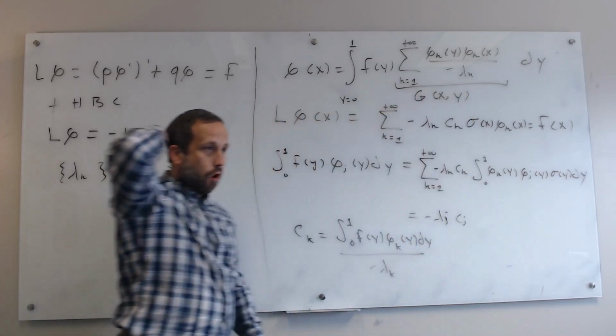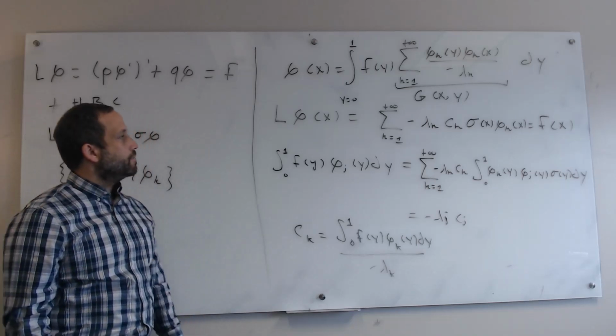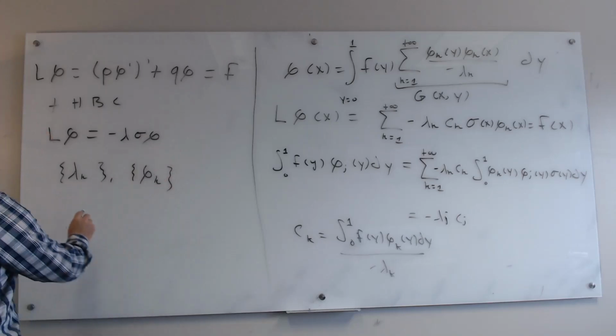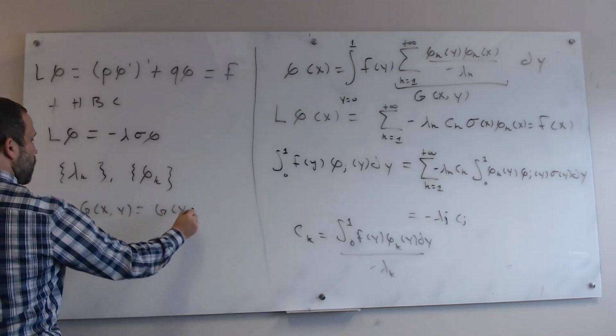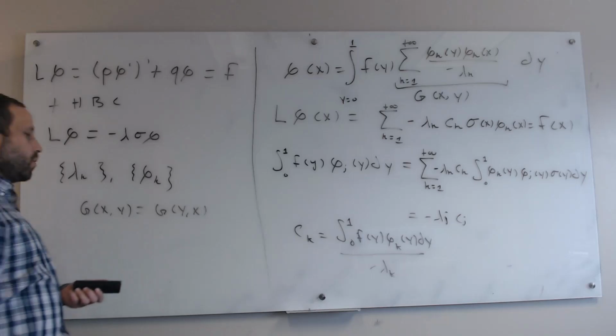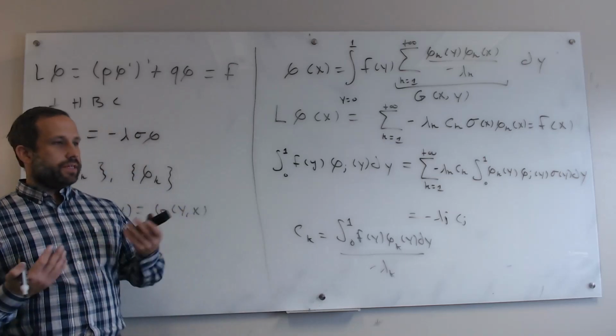Now, I'm not going to prove a whole lot of things about the Green's function, just sort of generically. But you can look at this formula, and you do see things like g of xy is equal to g of yx, so we have this reciprocal property. There's other things that we can see as well. There are several properties that the Green's function satisfies, and because of those properties, it means that g is unique.